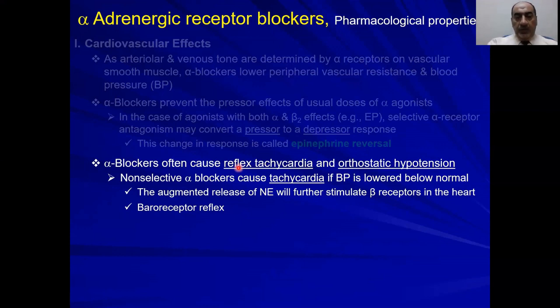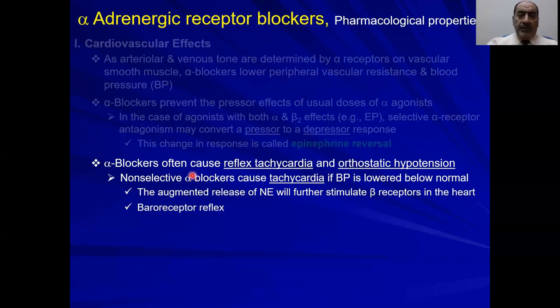Let's take them one by one. Number one, non-selective alpha blockers cause tachycardia if blood pressure is lower because of two things. Number one, presynaptic alpha 2 receptors. Normally, as we said before, norepinephrine, when it is released, will go back and activate the alpha 2 receptors, which will inhibit further release of norepinephrine, right?